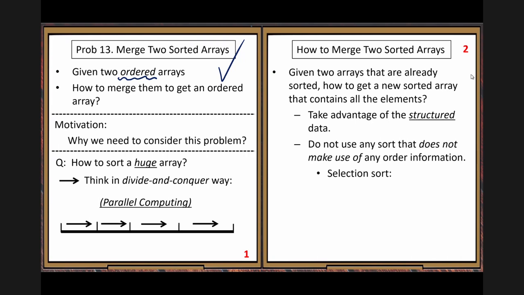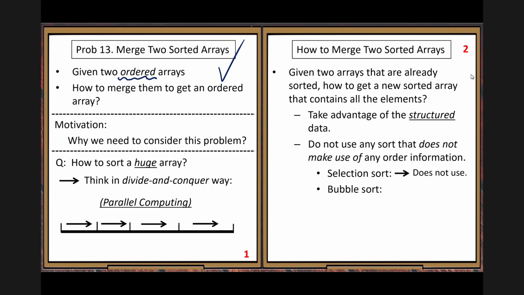Do we use order information in selection sort? If the array is ordered, can we do it faster in selection sort? The best case, worst case, and average case are all the same for selection sort, right? That means we never use ordered information. So we didn't use ordered information.